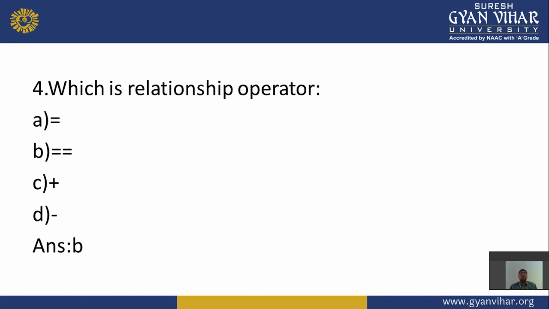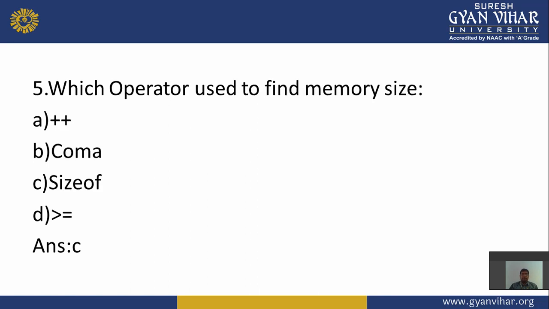So here the equal to shows the result of whether two operands are equal or not. So it shows the relation between the two operands. So it is the relationship operator.